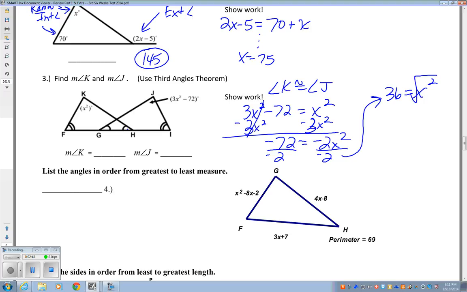I found it easier to say 2x squared minus 72 equals 0. You take the square root, it's a plus or minus.